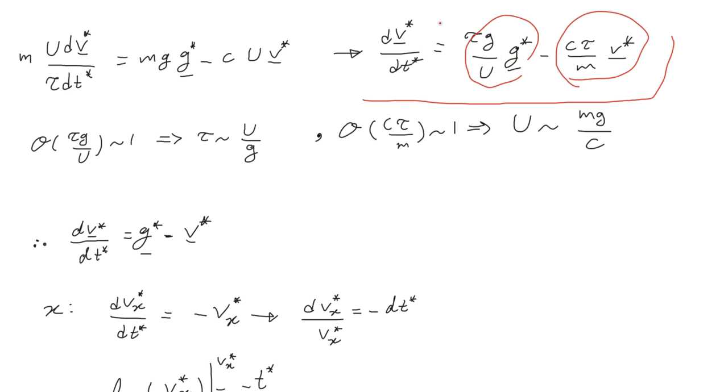So we know that we non-dimensionalize this v, t, g, and the other v here, which is the same as the first one.